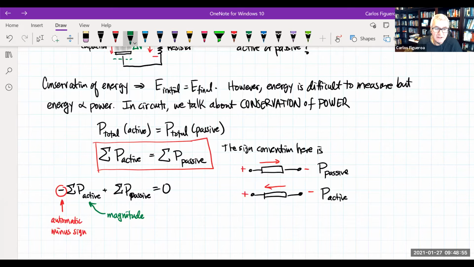So you want to be careful: you cannot use conservation of power to solve detailed questions about circuits. If you try to do that, you're going to run into problems because you're not going to get good numbers, because you need more details. So you got to remember that.